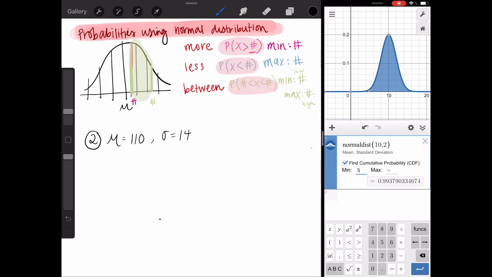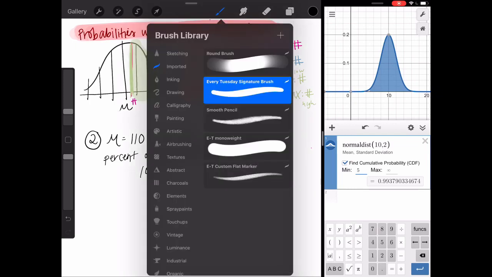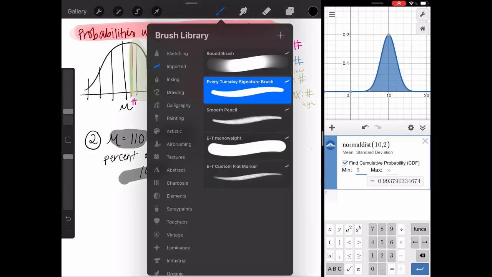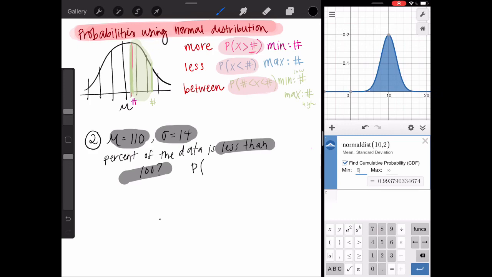What is the probability, or what percent of people, I'll say not people, let's say the data is less than 100. So here, notice I've got my mean, my standard deviation, and a less than 100. So if I wanted to write that symbolically, it would be the probability that a data point is less than 100.